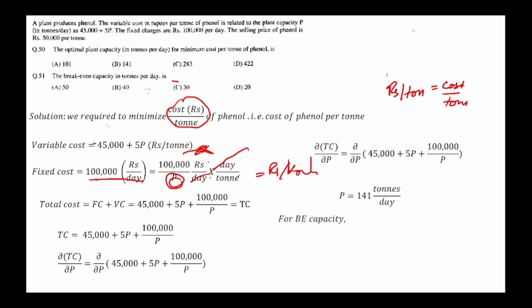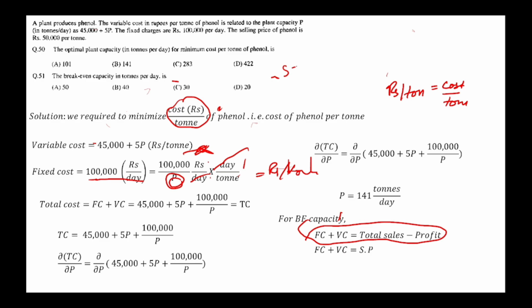Okay, now for break-even capacity, this is the equation. Note down the equation. In most of the cases, we neglect the profit if it is not written in the question. So the total sale: sales is equal to 50,000, that is rupees per ton.